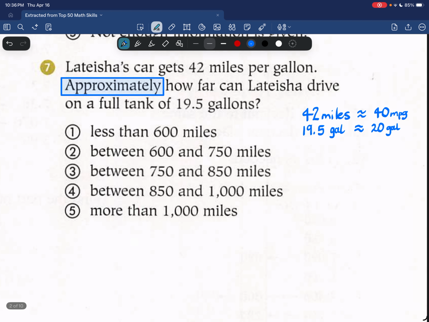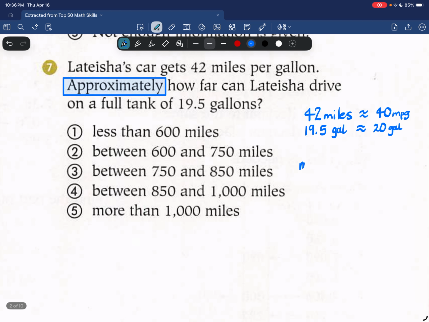However, here's the proportion way. Set up a ratio of miles per gallon. We know that she can travel 40 miles on 1 gallon. And we know that she has about 20 gallons in her car. So you would multiply 40 and 20. Use that shortcut, you know. You've got 2 zeros.